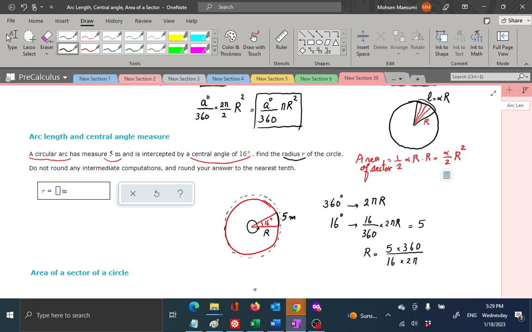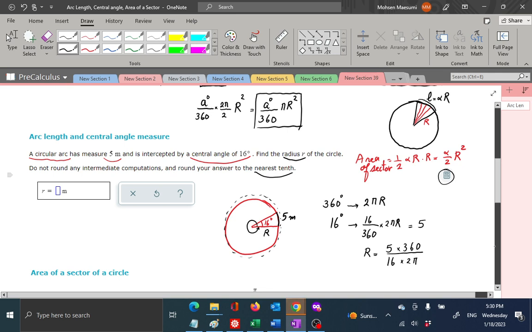So the radius of the circle has to be 5 times 360 over 16 times 2 pi. You use the calculator, enter all of them in your calculators in a single go, and after you're all done with that, you want to find the answer to the nearest tenth.